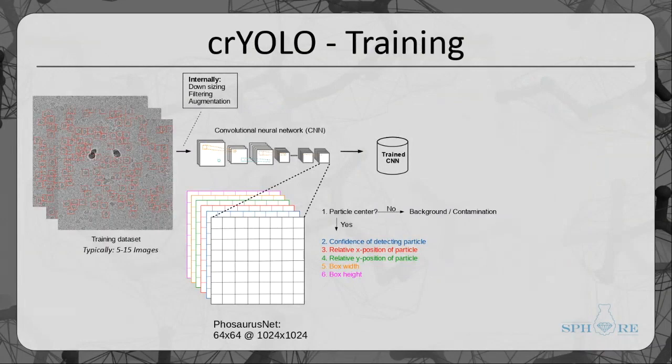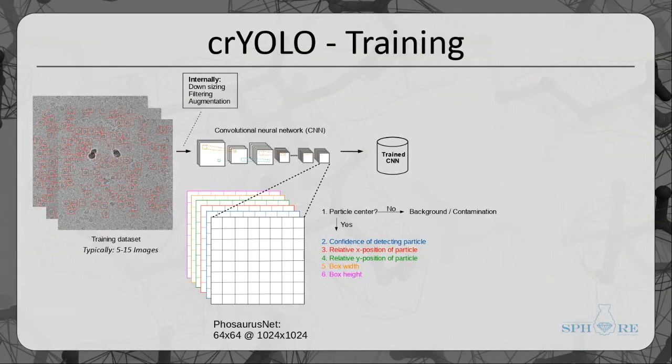You start with labeling maybe 5 to 15 images manually, and you pass them through a convolutional neural network. In our case, it has 22 layers. What you get is a stack of grids, where each grid cell is responsible for a specific region in the image. Each layer has a different task.